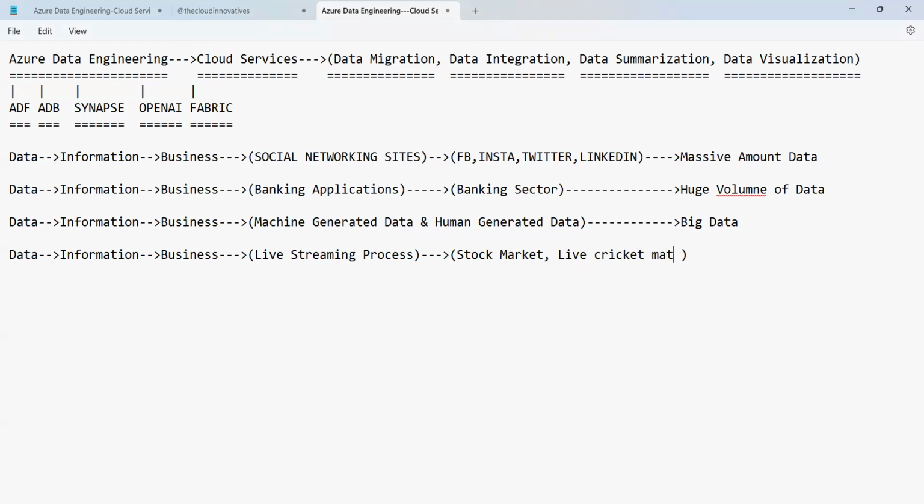All this comes under big data only. Apart from this, you can also have many other sources, but these are some of the sources from where we get the data. Whatever the volume of data you have is called big data basically.